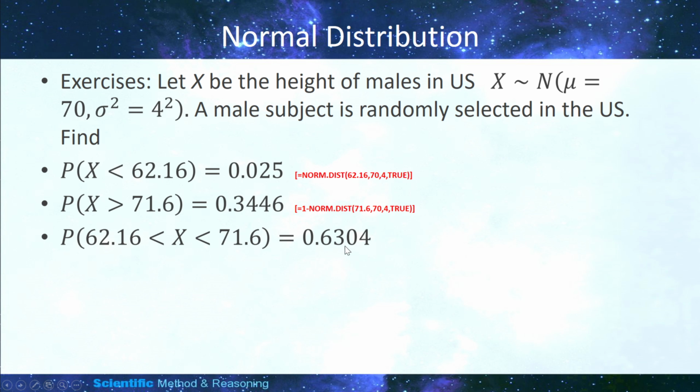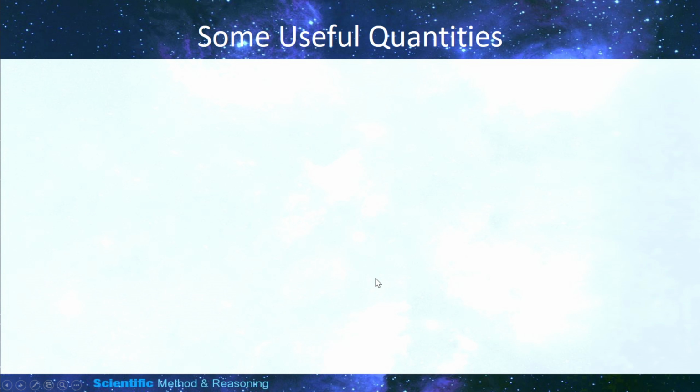Then we can find this to be 0.6304. Maybe you can figure out yourself how to compute this probability by drawing the histogram and identifying which region we are talking about here. Basically this is how you can find this probability using Excel.